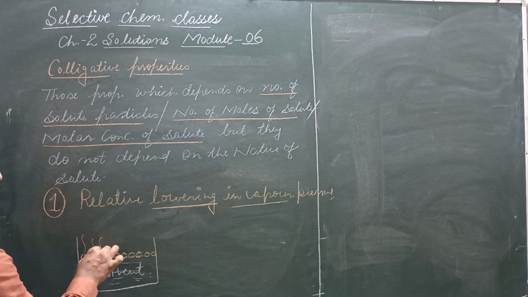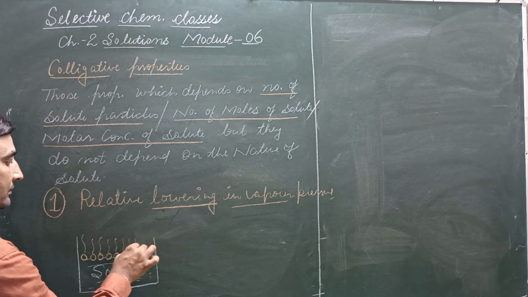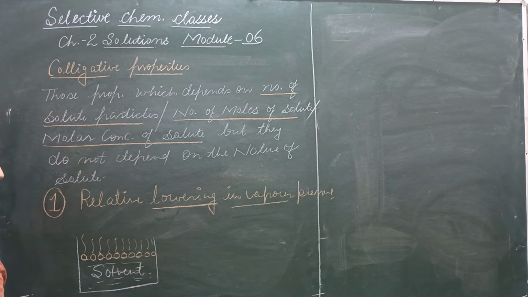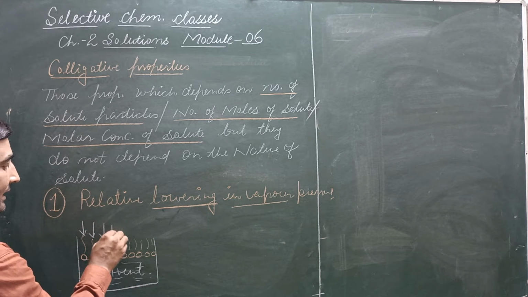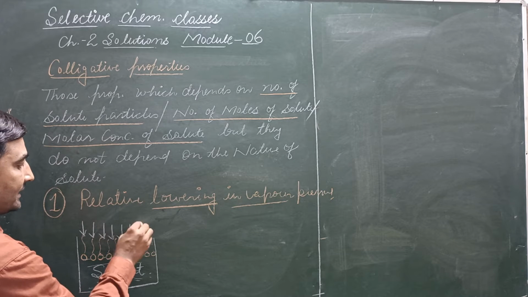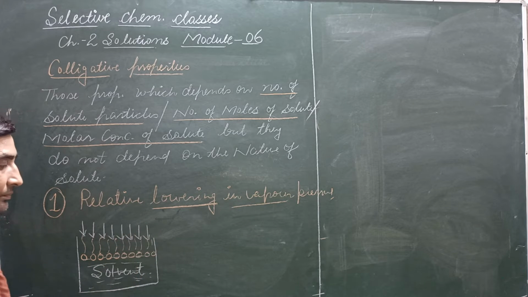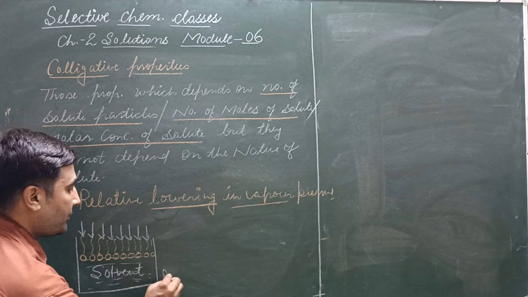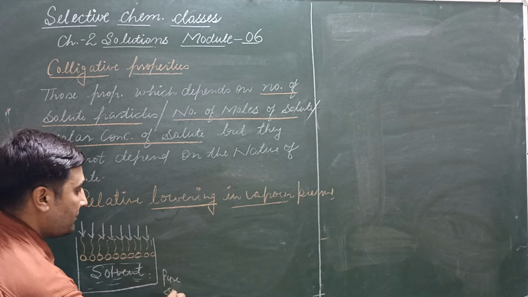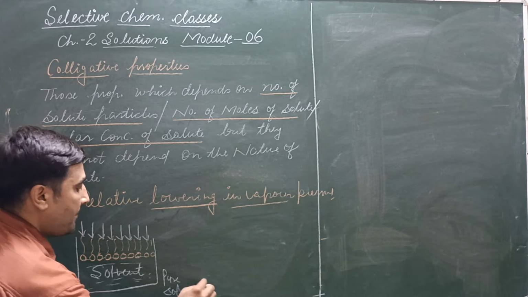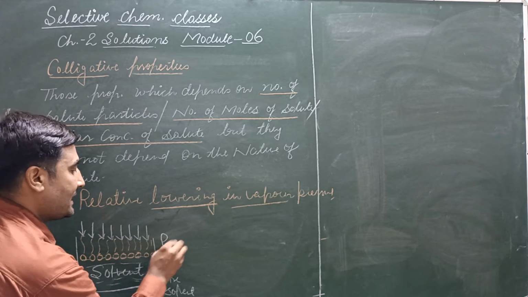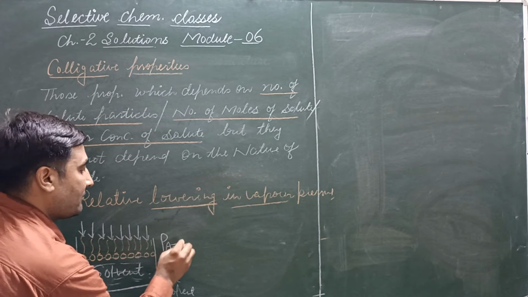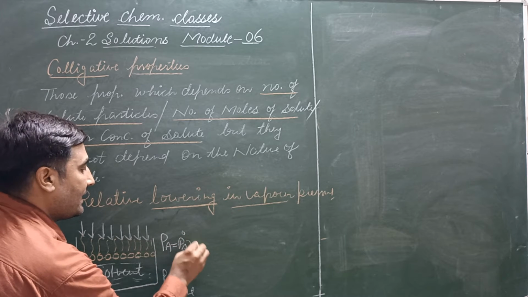They will move into the vapor state. When they move, they again come in equilibrium with the water and they will exert pressure. This is the case of pure solvent. Here the pressure is PA and will be equal to P naught A chi A.